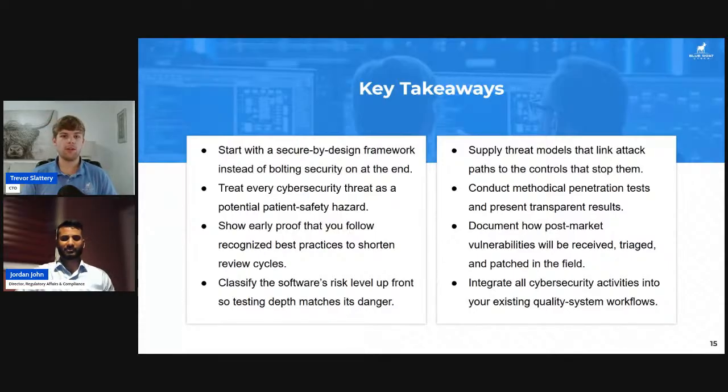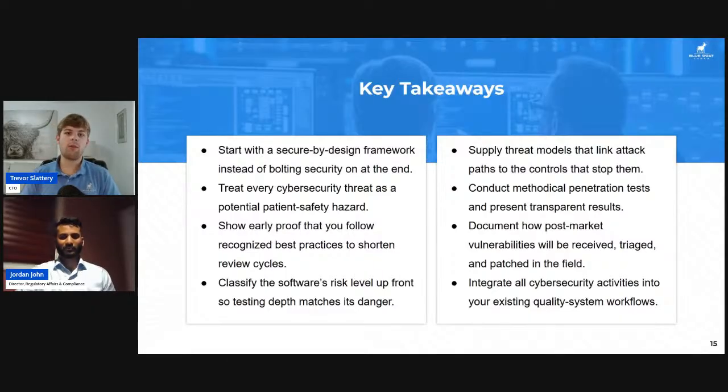They can help you with your device classification, and that lets you know what level of effort and complexity needs to go into this process. We want to see threat models that link attack paths all the way down to the controls that stop them. This is part of the traceability for a risk management report that the FDA wants to see. We have to identify the hypotheticals, verify whether they can be executed, and then move all the way down to how we fix them if they can be executed.